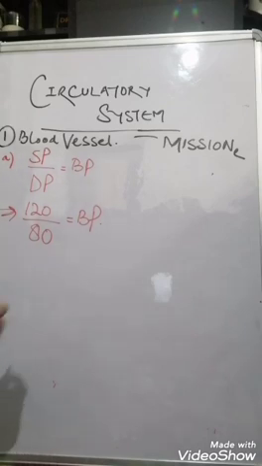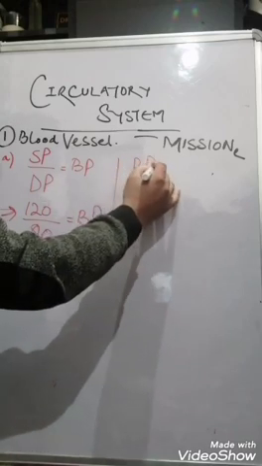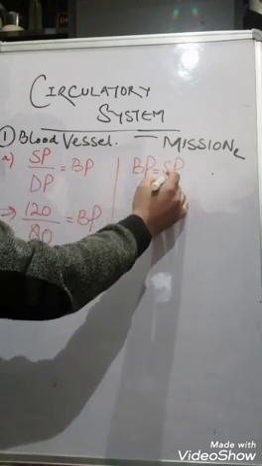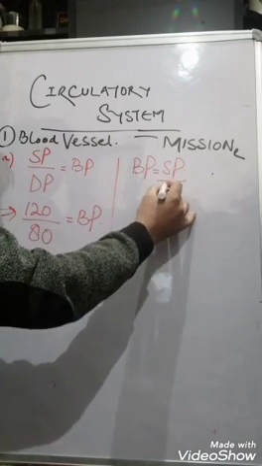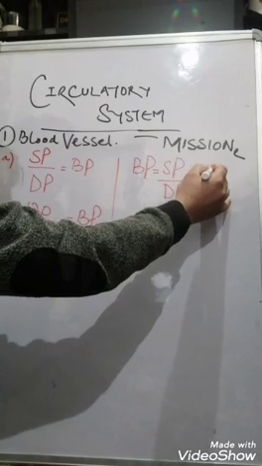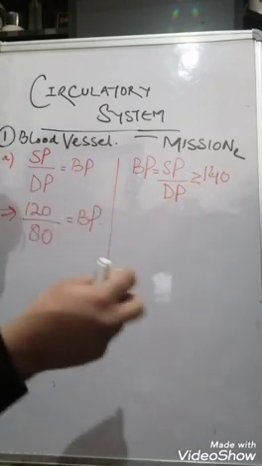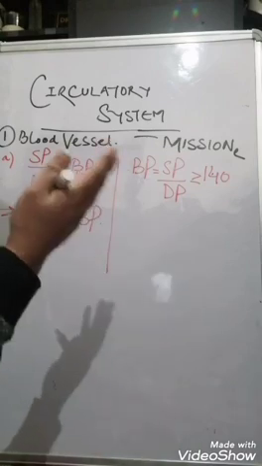Then sometimes what happens, there is a condition where the SP becomes greater than or equal to 140. The maximum pressure that blood exerts becomes more than 120.